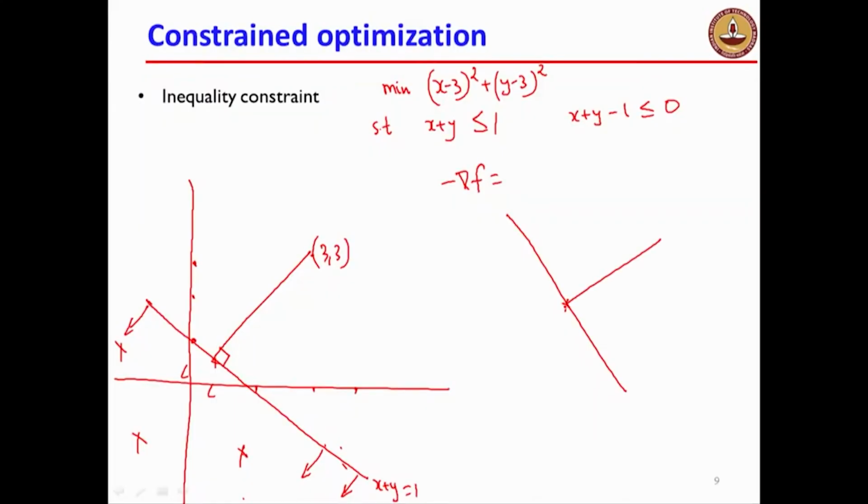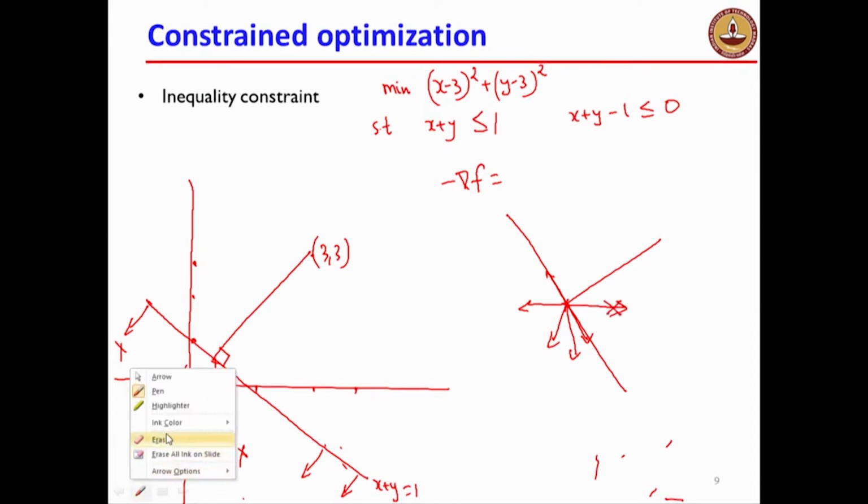If I am at this point, which are my feasible directions in which I can go? I can go along this direction, I can go along this direction, but that is not the only direction in which I can go. There are many other directions also which I am allowed to go. I can go along these directions, but I am definitely not allowed to go along this direction because it takes me on the other side of the line. So this I will rule out.